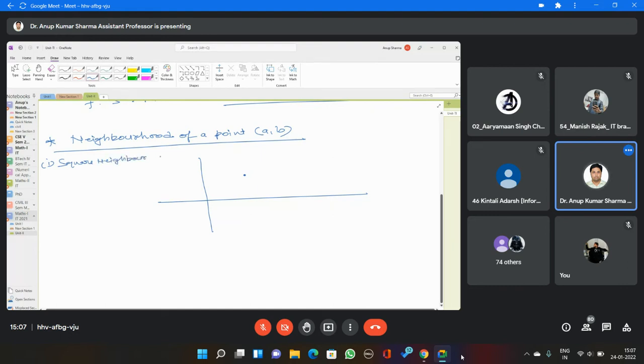What is that? This is the point, represented by a and b. Okay, it is a straight line. So write.